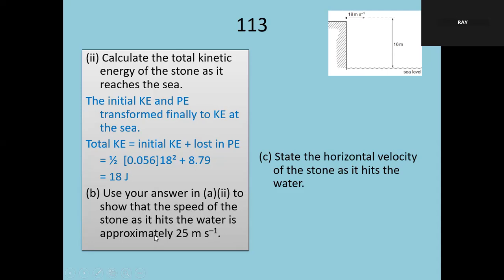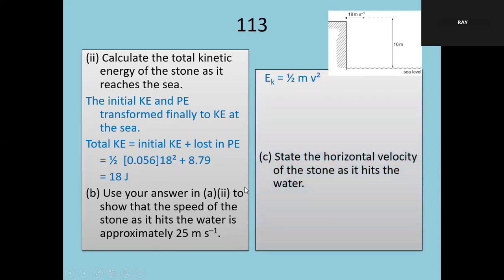Use your answer in part A to show that the speed of the stone as it hits the wall is approximately 25. Use this one, no? Yeah, half mv squared. We get 17.9. Half m, mass and v squared.